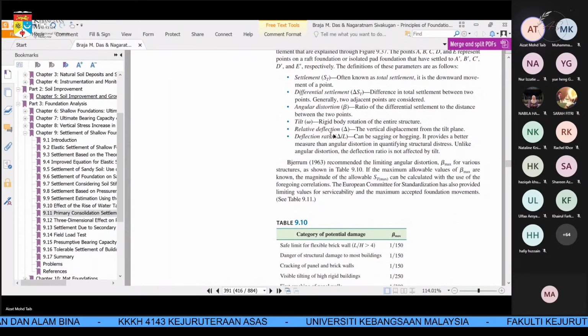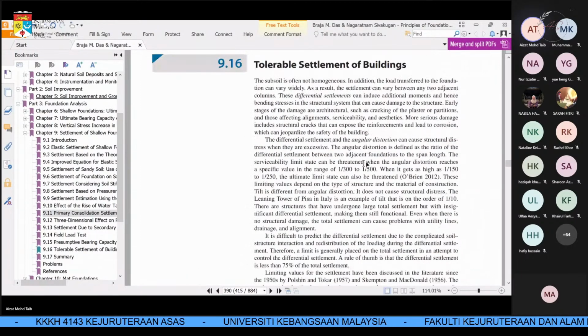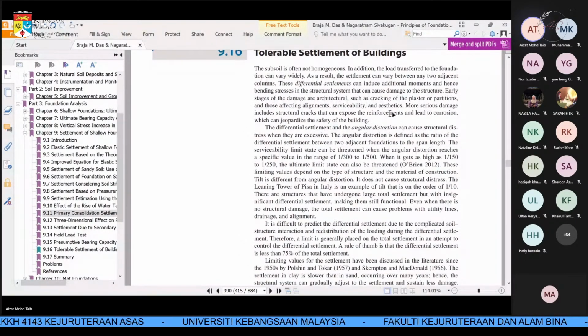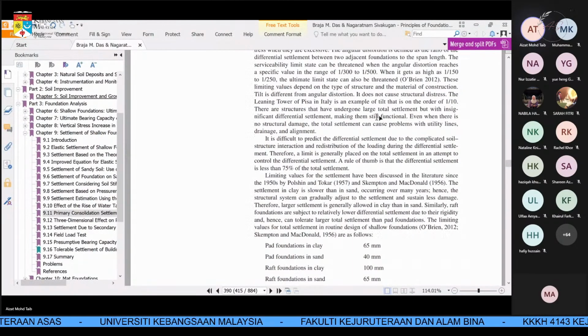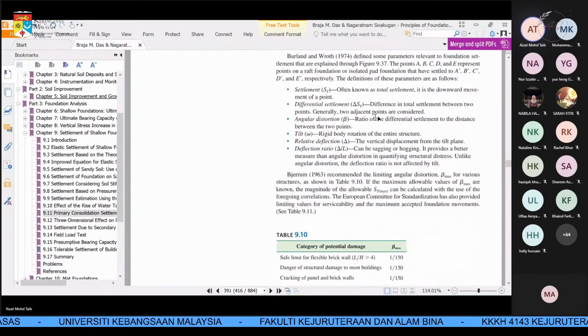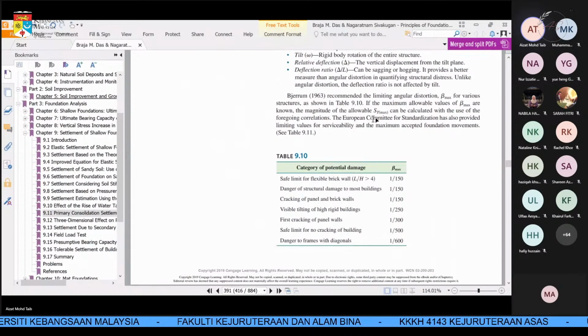Tak nak writing. I need infographic. So you read this one, tolerable settlement of buildings, and you do an infographic. Maksudnya flow chart ke, nilai ke, apa ke.